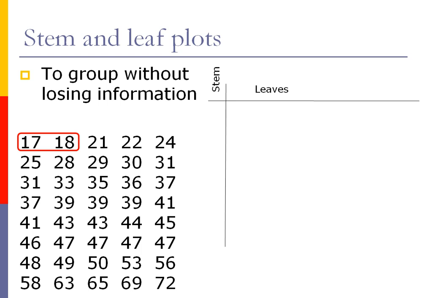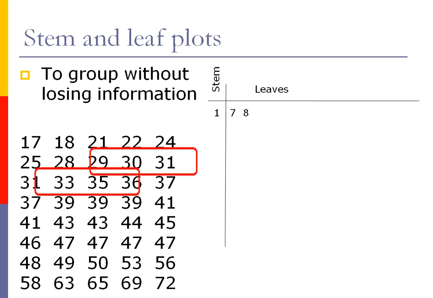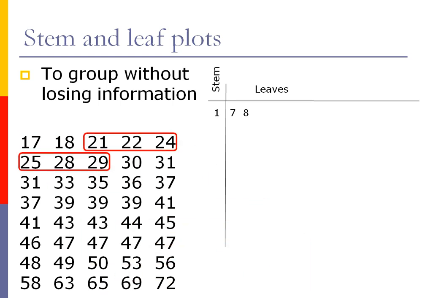You'll notice that these two numbers both have 1 as a first digit, and then the second digit is different. So we're going to use 1 as the stem and 7 and 8 as the leaves, and we're going to write those two numbers in that way. Similarly, all the numbers in their 20s have 2 as the first digit, so that's going to be our stem, and then the leaves are going to be 1, 2, 4, 5, 8, and 9.